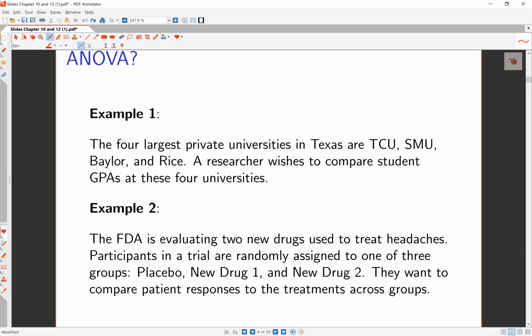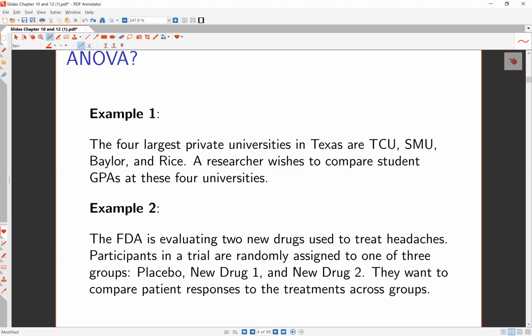Or another example may be, say the FDA is evaluating two new drugs used for headache treatment. So they run a trial. Participants in a study are randomly assigned to one of three different groups: drug 1, drug 2, or a placebo group.